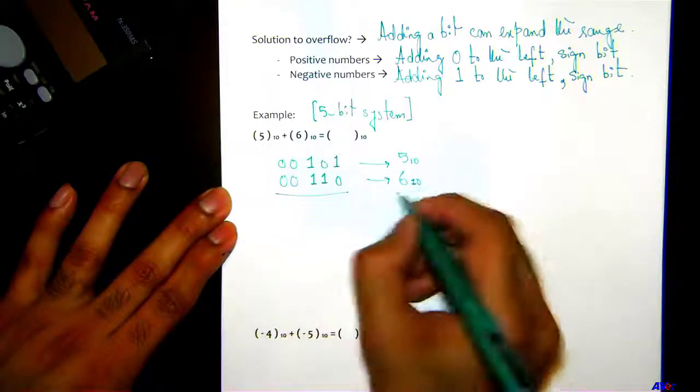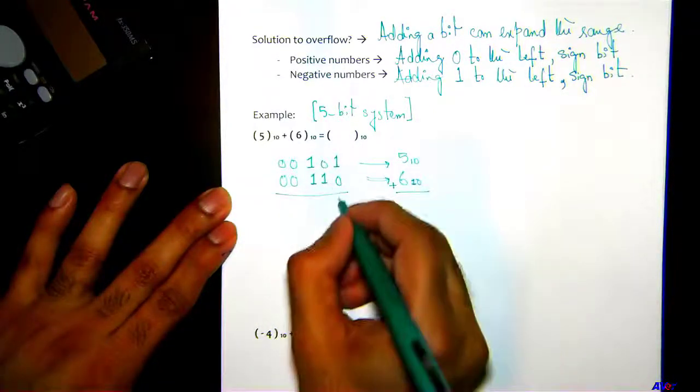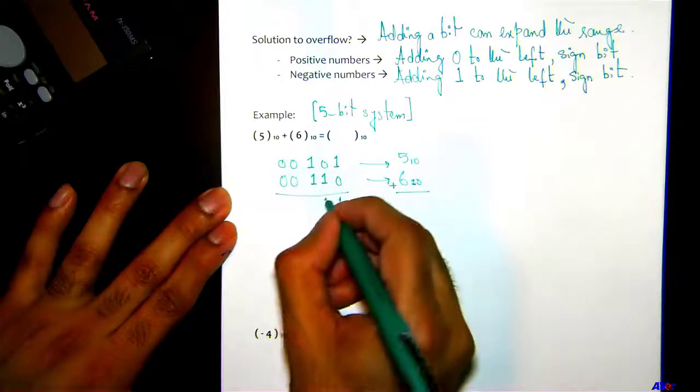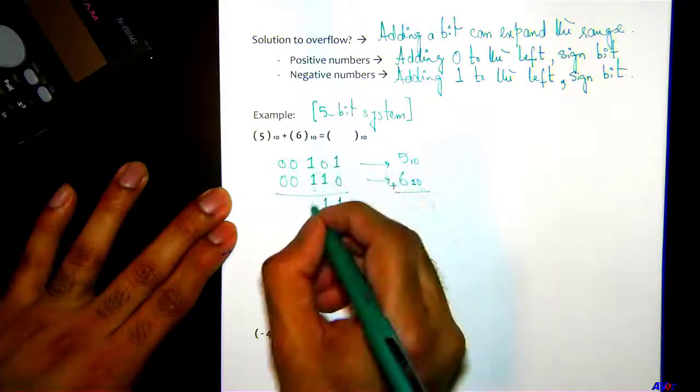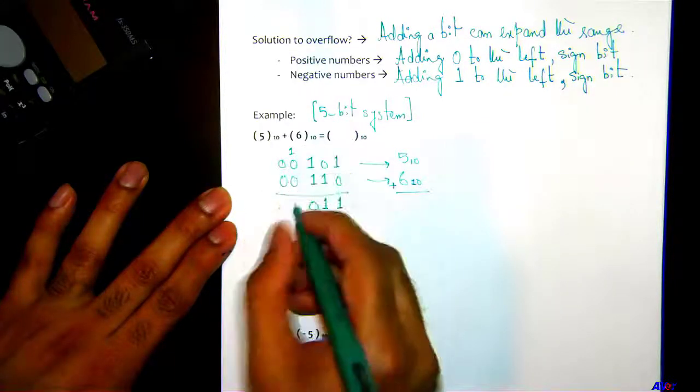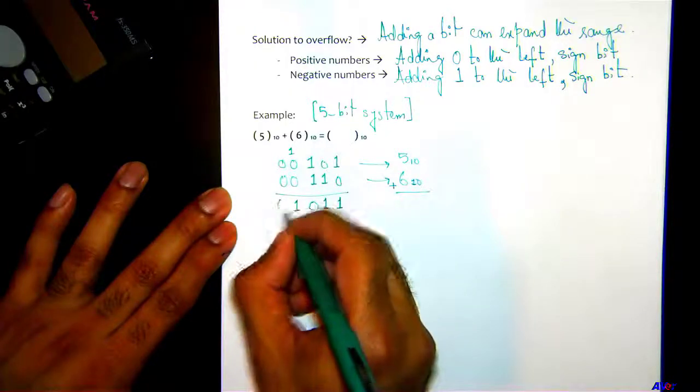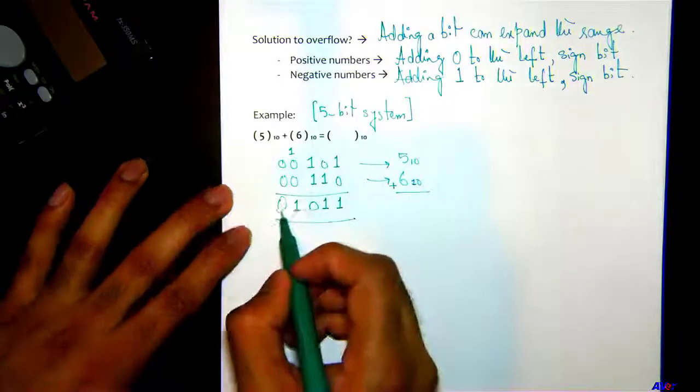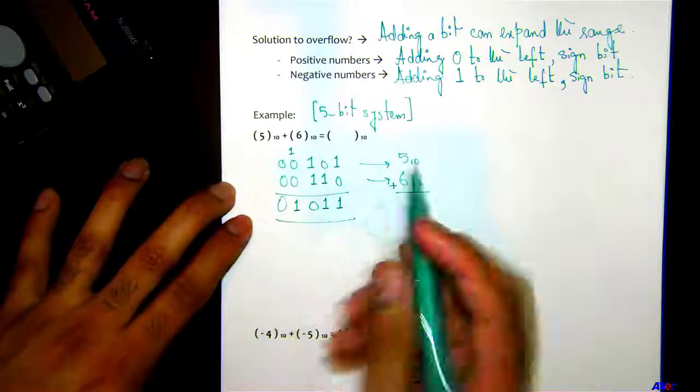Let's add this. 1 plus 0 is 1, 0 plus 1 is 1, 1 plus 1 is sum 0, carry is 1, and then this is 1 and this is 0. Because the most significant bit is 0, it's a positive number.